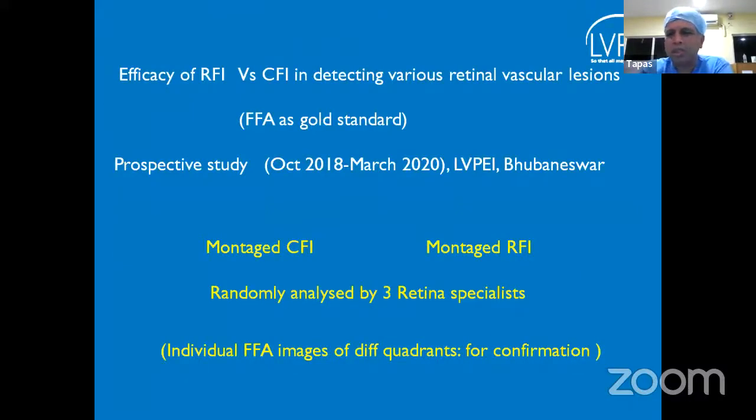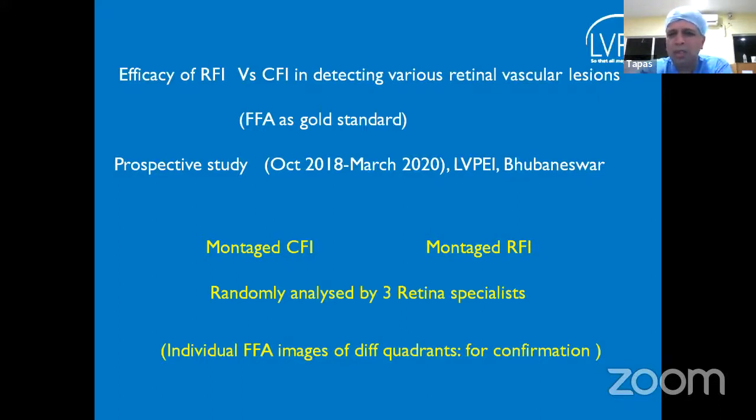So I had a question: how do they really help in the clinic? So we took up this study, efficacy of red-free imaging versus clinical color fundus imaging in detecting various retinal vascular lesions with FFA as the gold standard. It was a 1.5 year study.